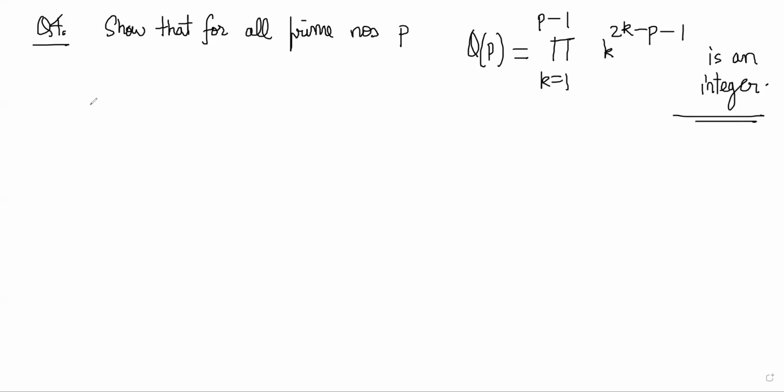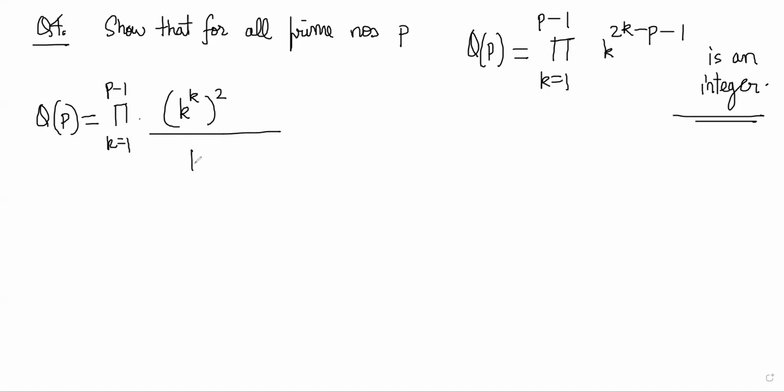So first we have to try to simplify the product in a nice way. So let's think about it. Product of K goes from 1 to P minus 1. And we can write this as K power K whole squared by K power P plus 1, right? Okay. So K power K whole square becomes, since it's a product, we take K as 1.